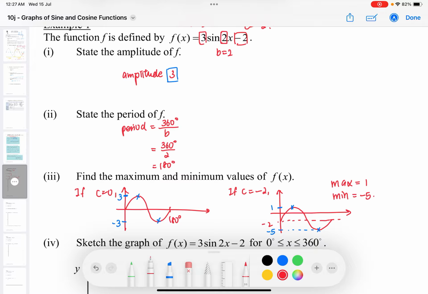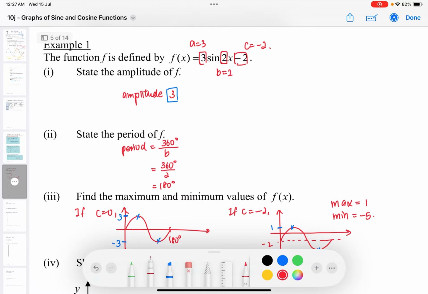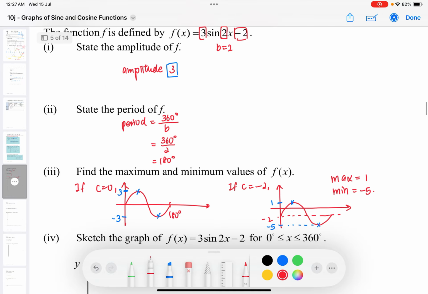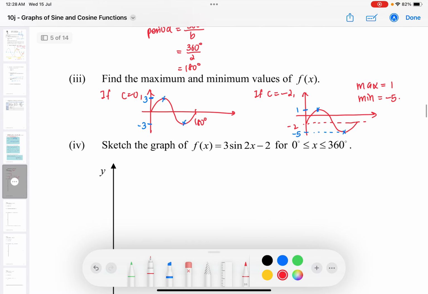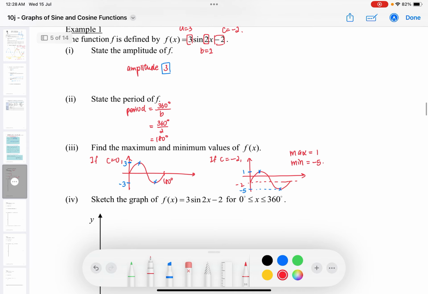By default, it will be from negative 3 to 3 because the amplitude is 3. But because C is negative 2, that entire maximum and minimum shifts down by 2 units. That's why it became 1 and negative 5. Now we are done with part 1 to part 3.